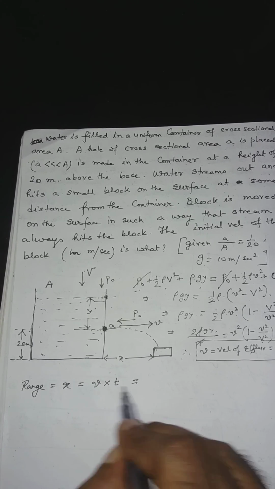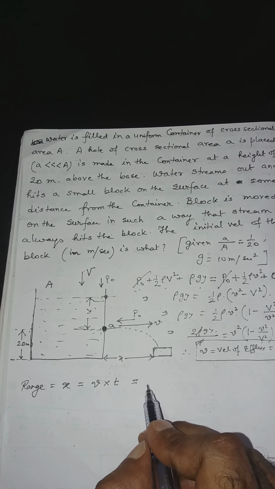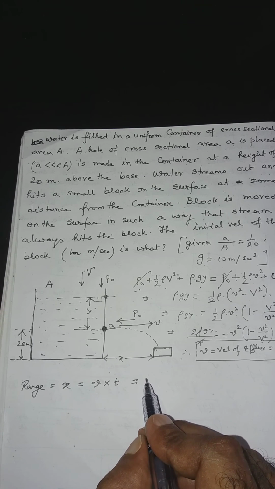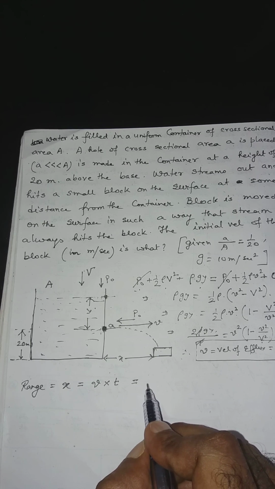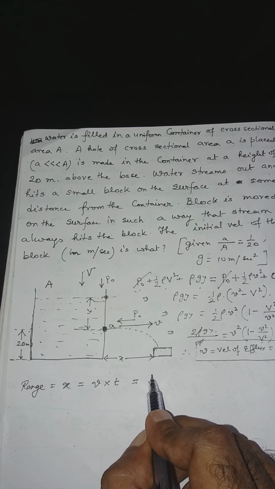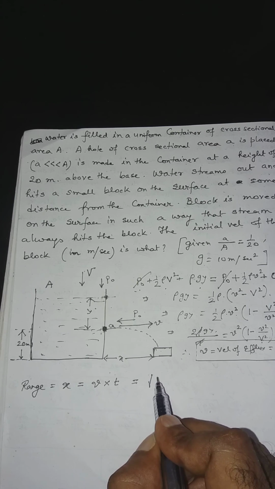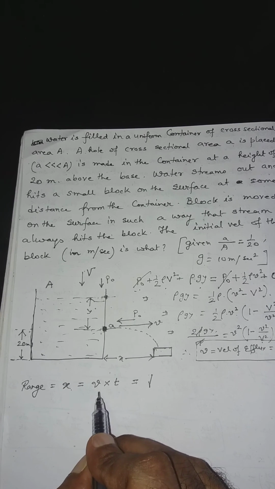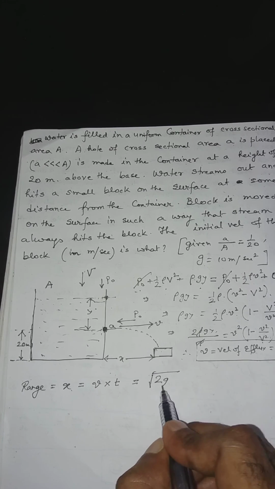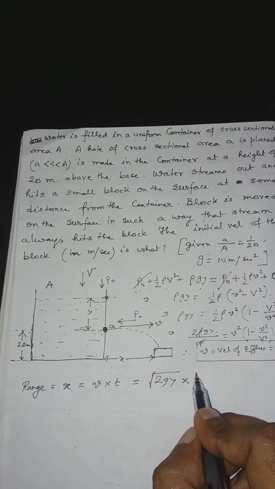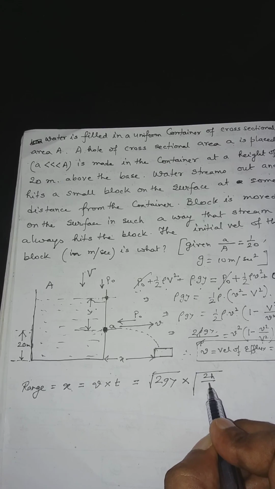We have already got the velocity of efflux, so the range will be root over 2gy into root over 2h by g.